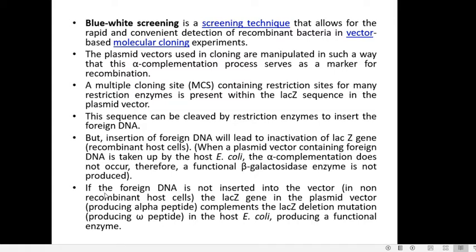Whereas, if the foreign DNA is not inserted into the vector and the vector enters the host cell, the host cell will be non-recombinant, but it will already have its omega peptide, and the LacZ' gene in the vector will produce alpha peptide, and alpha complementation occurs. There will be production of a functional beta galactosidase.